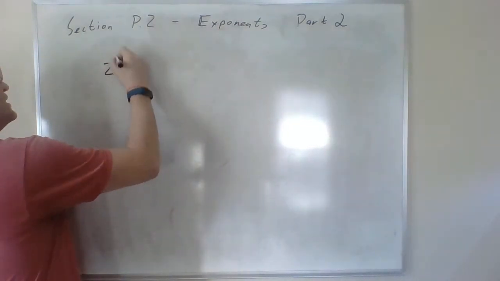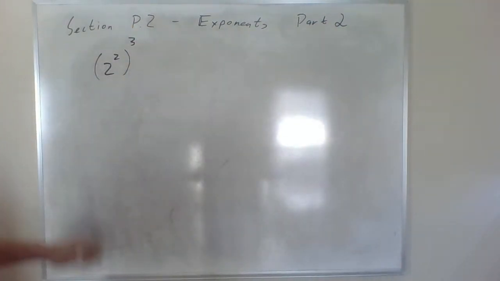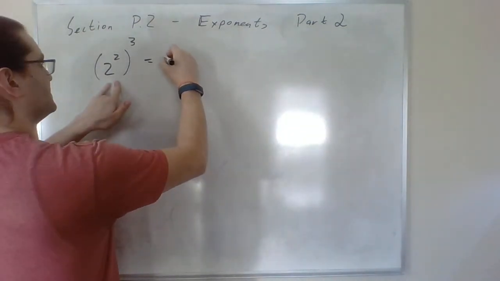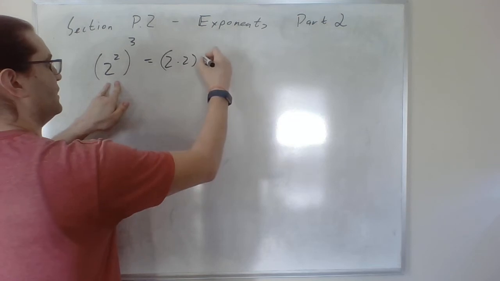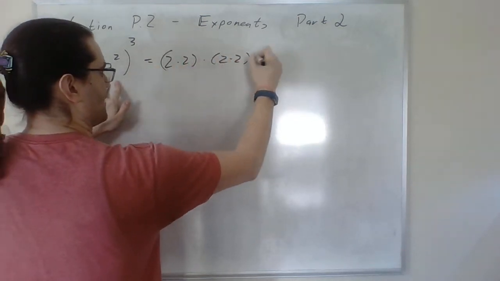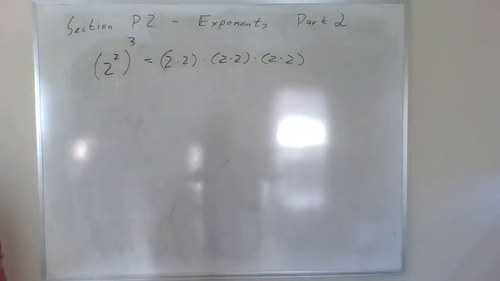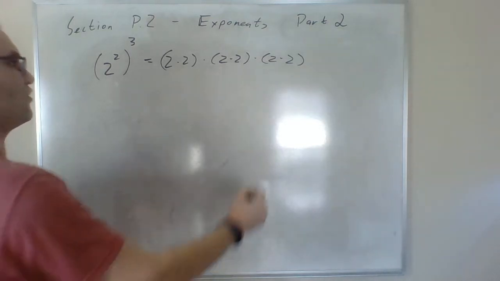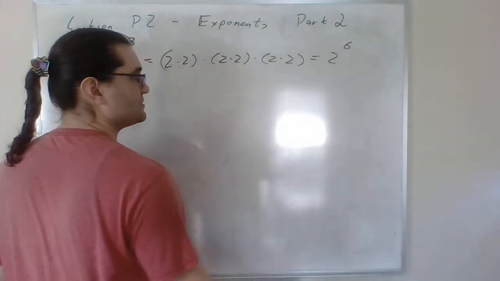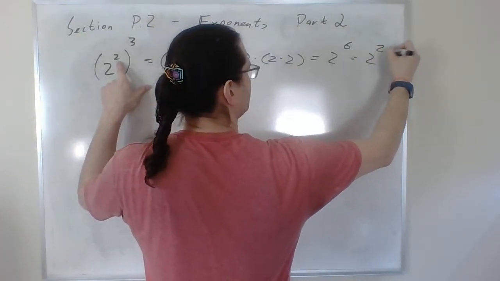If you have something like 2 squared cubed, this 2 squared means 2 times 2, and that thing is going to happen 3 times. Grand total, we have 6 2's because 6 is 2 times 3.